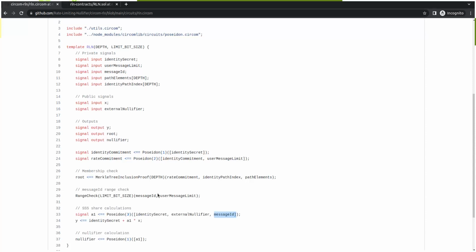First of all, it's really hard to play with the external nullifier value to generate a good A1, because Poseidon is not a function you can brute force.